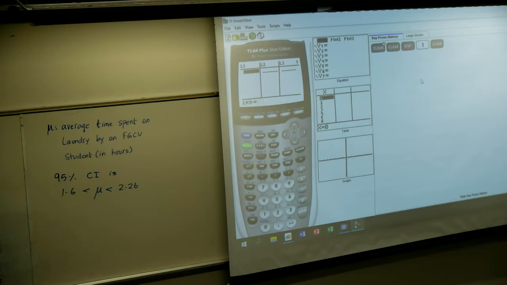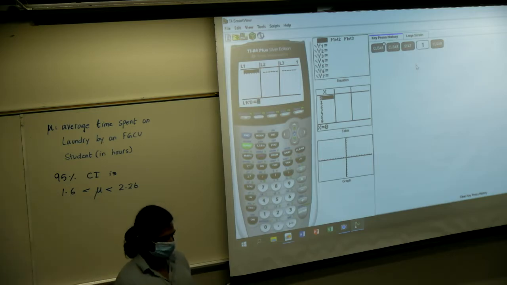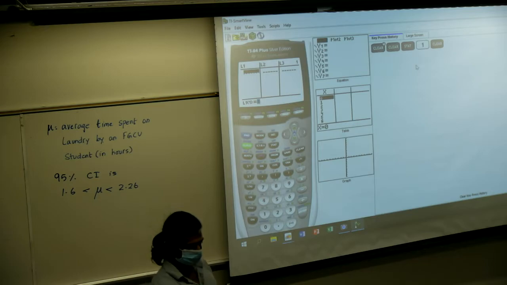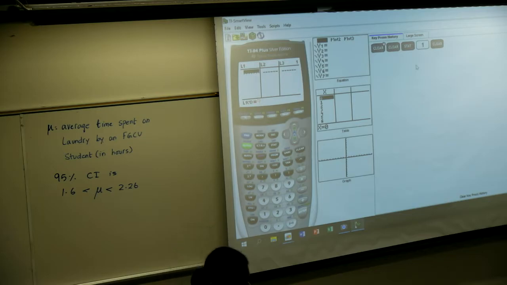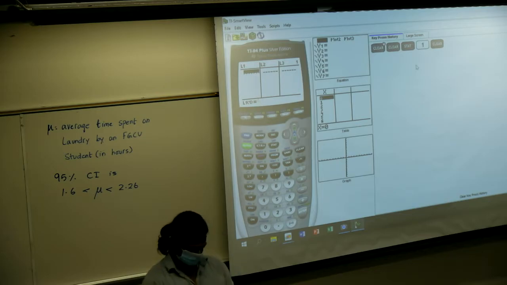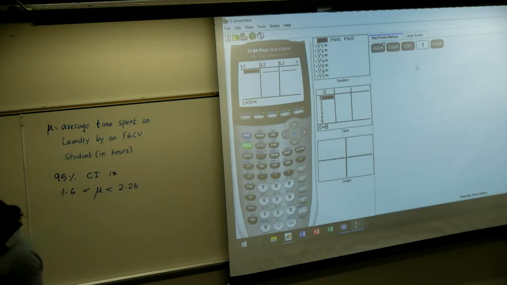I need the data though. Who's going to volunteer? How many observations we had? We had a lot, so let me just enter those. So pick up your calculator and start entering the data in list 1.